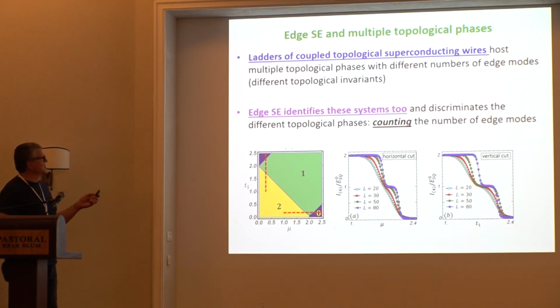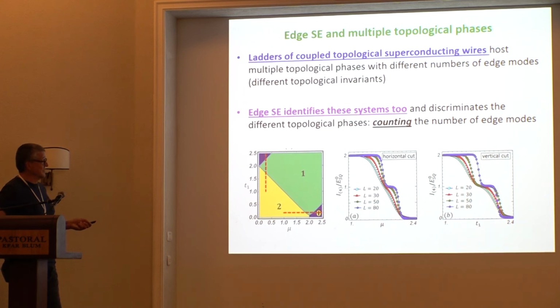And it works also when you have multiple phases. You see the superconducting ladders, which have phase diagrams reminiscent of the quantum Hall effect, and they have multiple phases in the sense that they have phases with different numbers of edge modes, and these are again identified and discriminated by our edge-to-edge squashed entanglement.